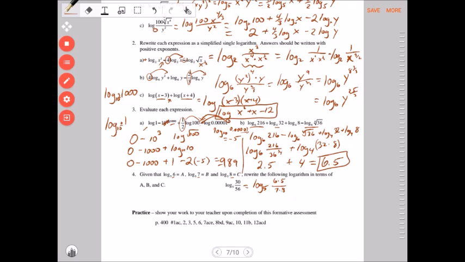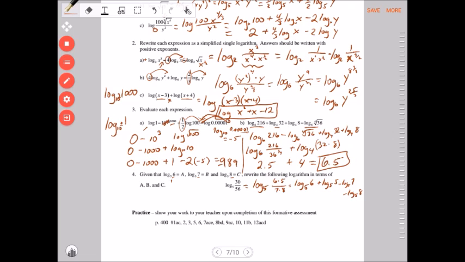Now what we can do is separate all of these factors. So this is going to be log base 5 of 6 plus log base 5 of 5, which is just 1, remember, minus log base 5 of 7 minus log base 5 of 8. So we factor, and the question gave us hints as to what we want to factor, because we're not going to factor 30 into 3 and 10, because 3s and 10s had nothing to do with the question.